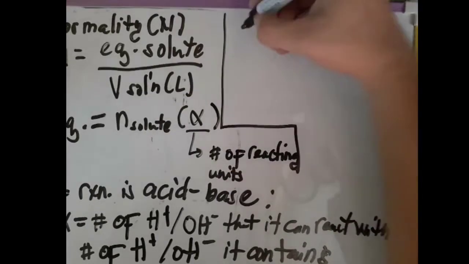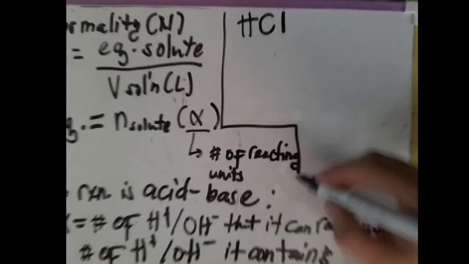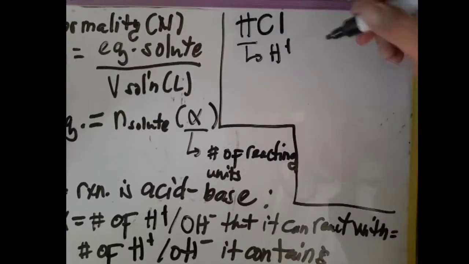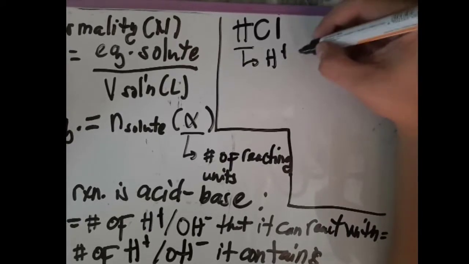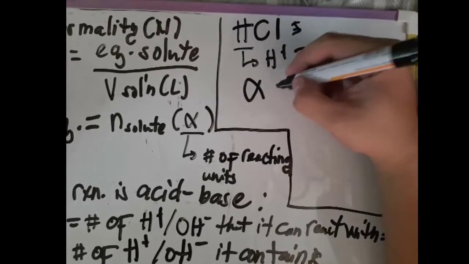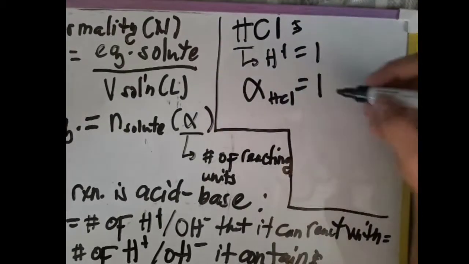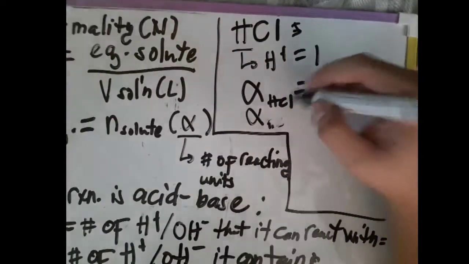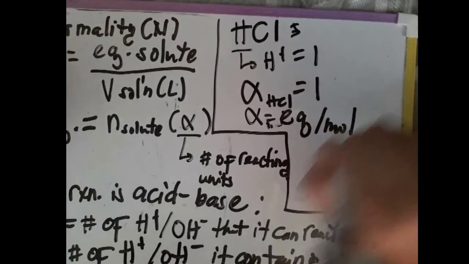Let's take, for example, hydrochloric acid, or HCl. Since it is an acid, it will give out H plus cation. How many H plus are in the chemical formula of HCl? It is 1. So the alpha, or the number of reacting units, for HCl is equal to 1. The unit for alpha, or the number of reacting units, is equivalents per mole.